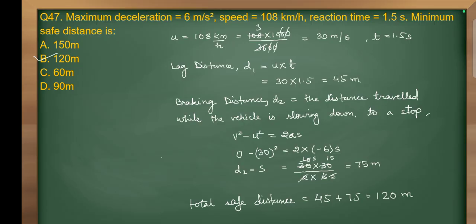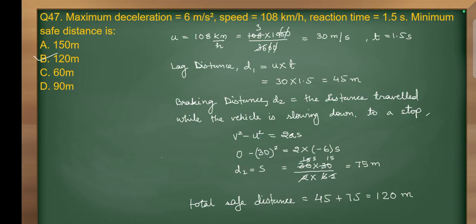So the distance covered by the object will be initial velocity times time, which is 30 times 1.5, which is equal to 45 meter. And after braking, the distance traveled by the vehicle, we will use the third equation of motion, that is v square minus u square is equal to 2as. We will put the initial velocity, that is 30. Since the object is stopped at the end, the final velocity will be 0.